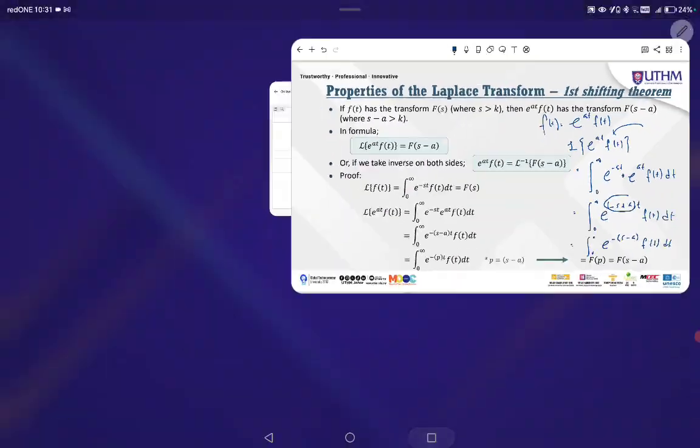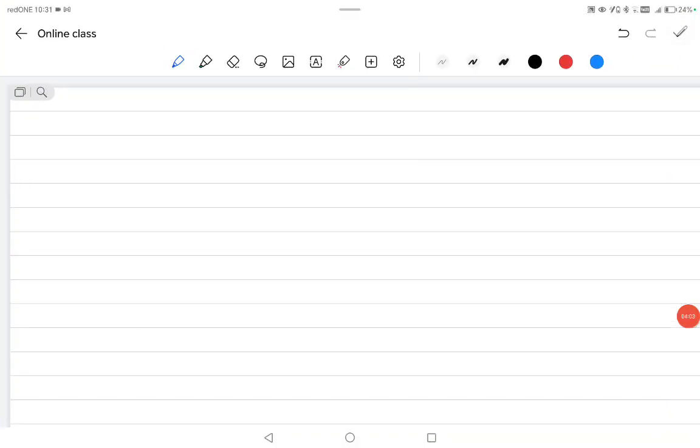Okay, so I go to the blank screen, I think it's better. The integration of e to the power of minus (s minus a)t f(t) from 0 to infinity.